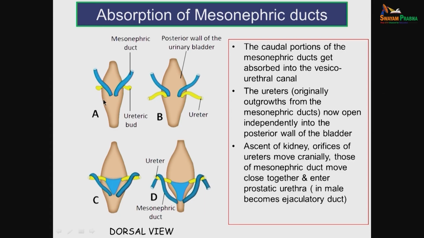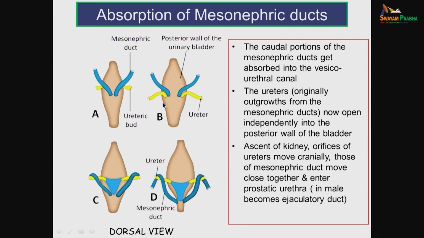Already we have mentioned that the caudal portion of the mesonephric ducts gets absorbed into, it opens into the primitive urogenital sinus, when we talked about the development of the kidney and ureter. Now what happens is, this is the posterior view of the vesico-urethral canal.